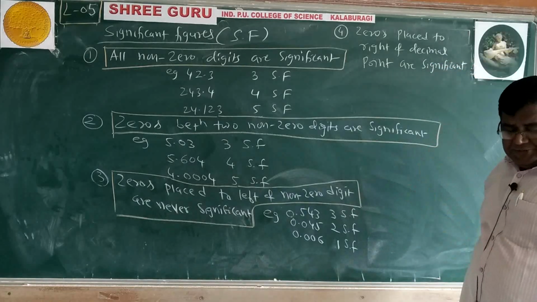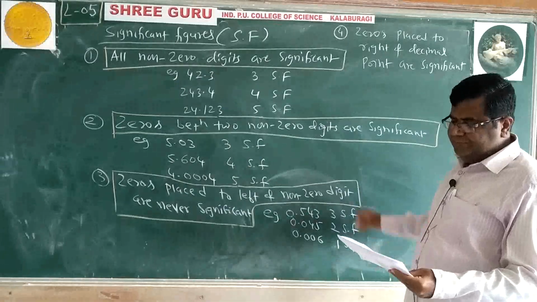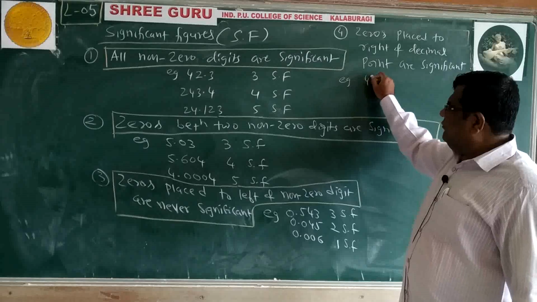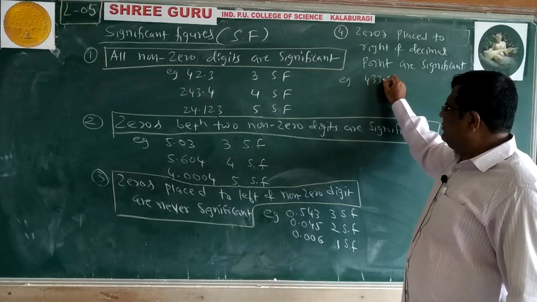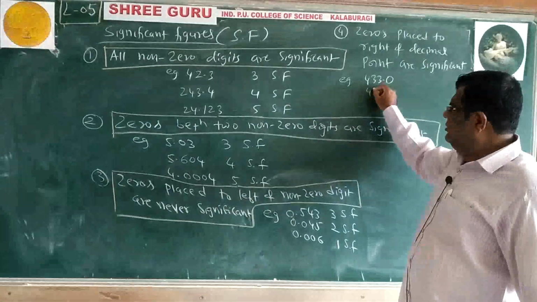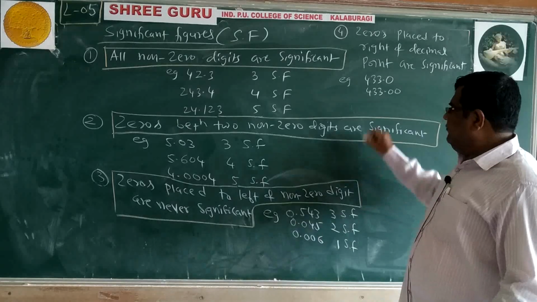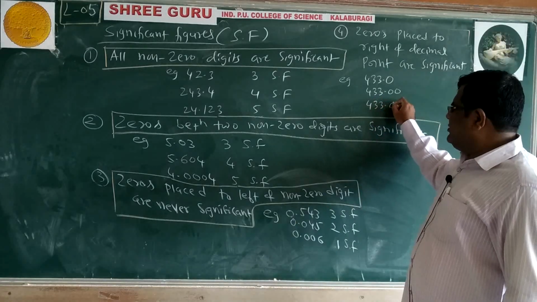See here the example: 433.0, then 433.00 and 433.000.